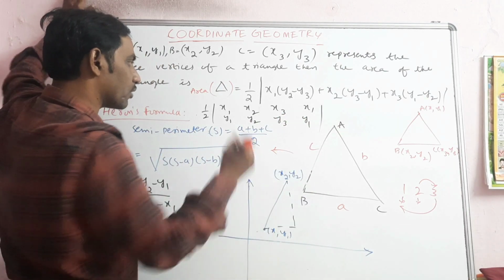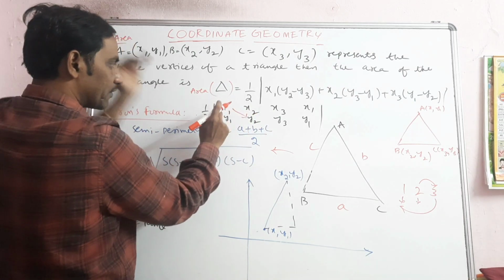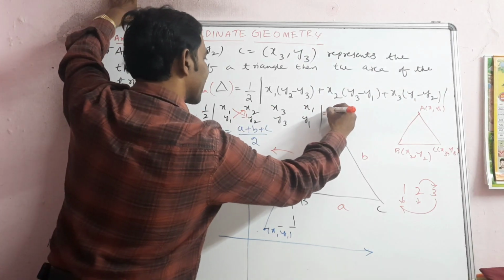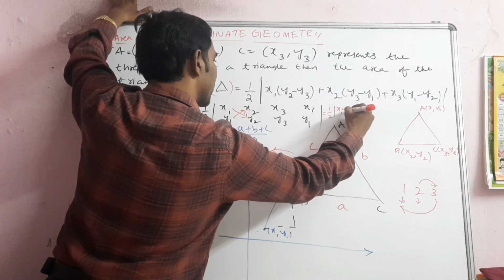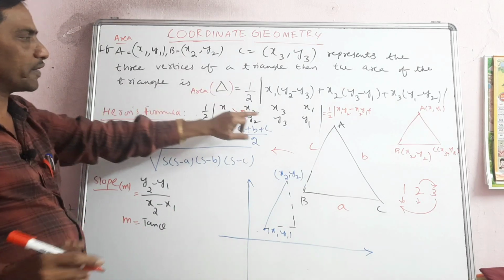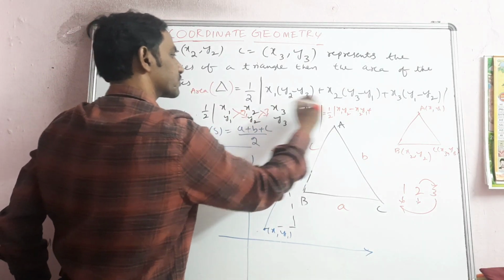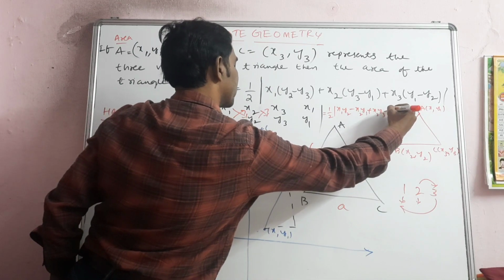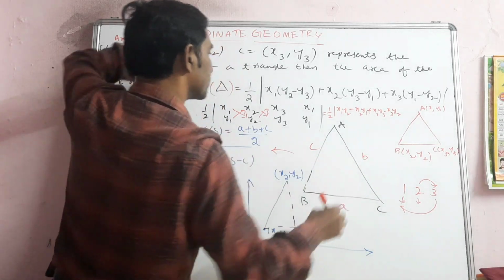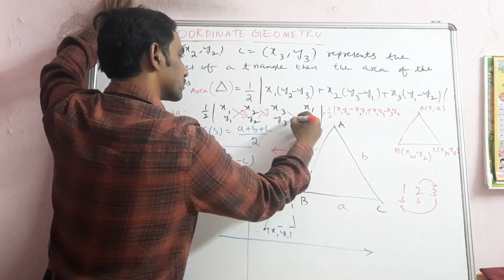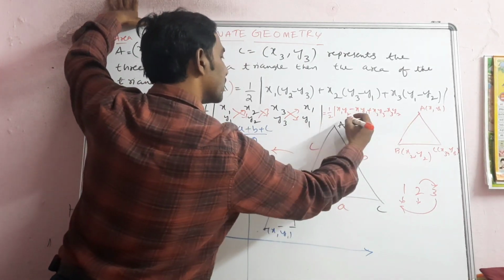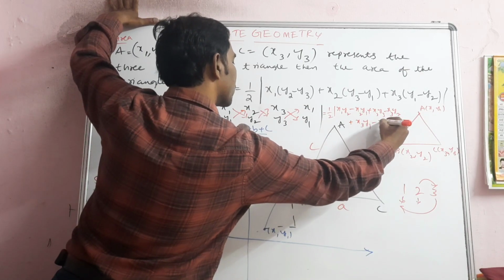Now if you want the area formula, first you take the left side top one and two like this, and then this. So you will get the formula like this: half into x1 y2 minus x2 y1, plus x2 y3 minus y2 x3, plus x3 y1 minus x1 y3.